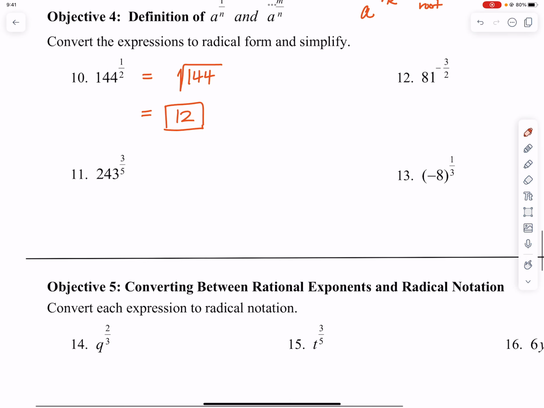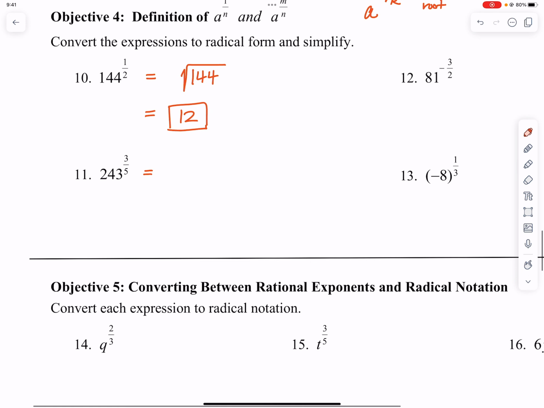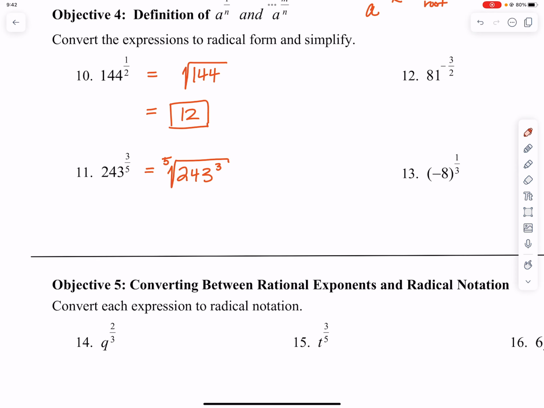Let's take a look at number 11. Power over root. So we have 243 to the third power, and then we have the fifth root of 243. What we can do here, so we don't have to cube 243, we could go ahead and take the fifth root of 243, and when we're all finished, we can cube that.